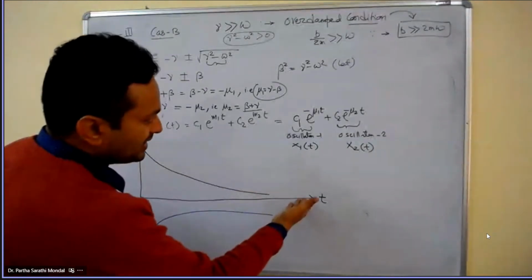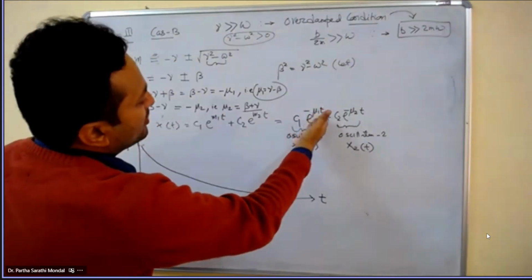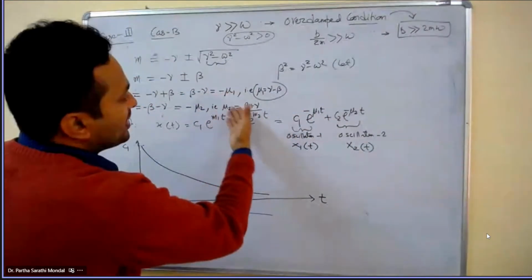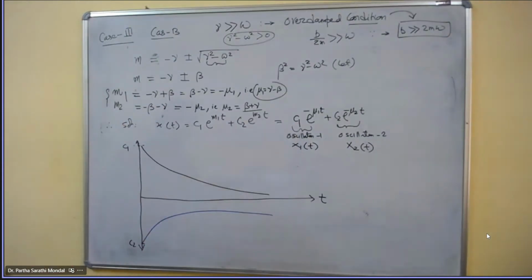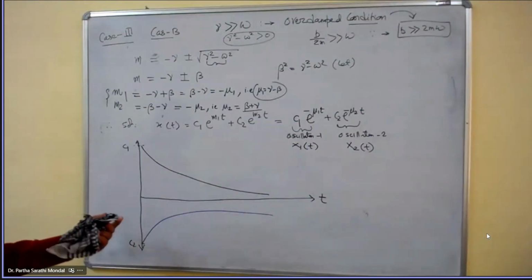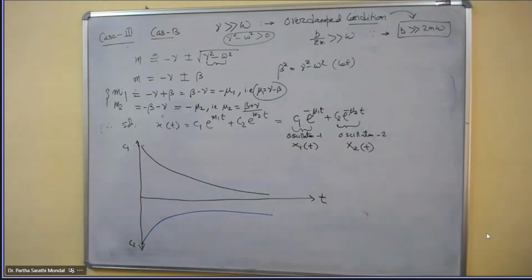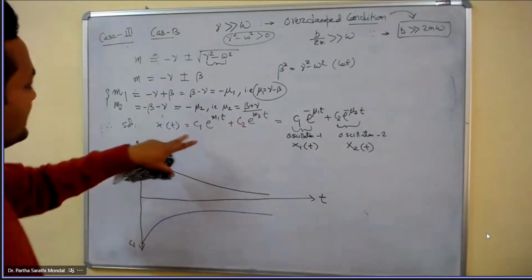It is not always the same; depending on the value of beta and gamma, or better to say mu1 and mu2, the graph will be different. But I am taking one extreme case where c1 and c2 are contributing out of phase together in the oscillation. It's not the general case.